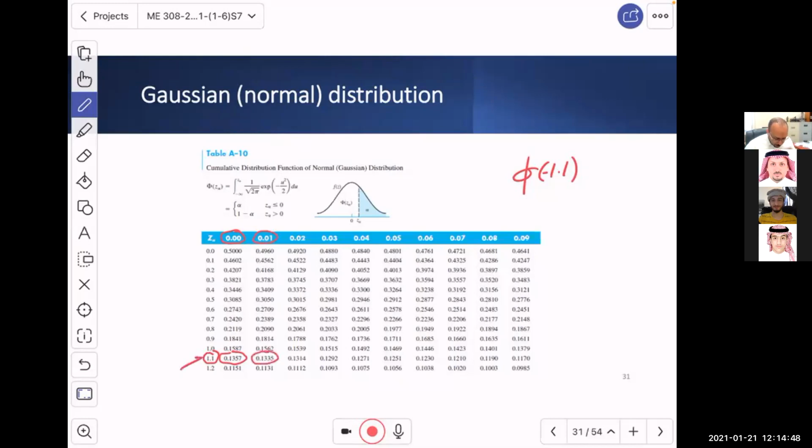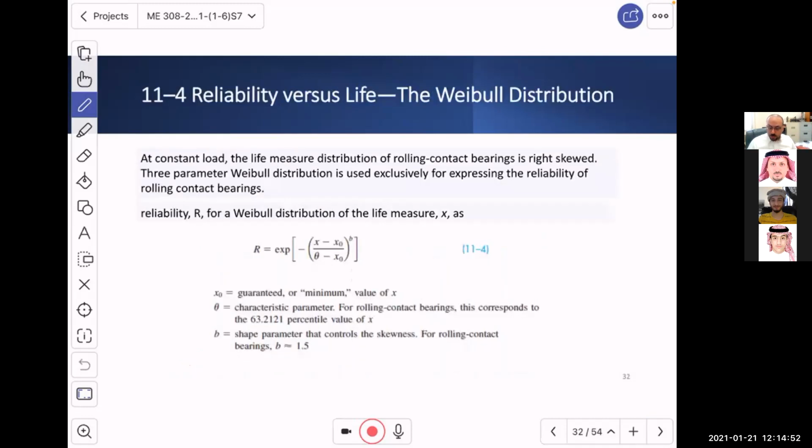Don't worry about it. So what does this have to do with bearings? Well, bearings are like everything else. If you look at their failure rate, it turns out that they do not follow a normal distribution.